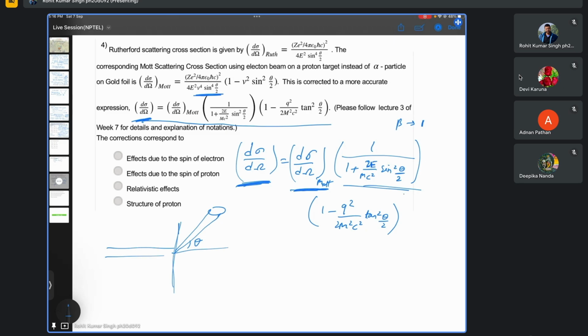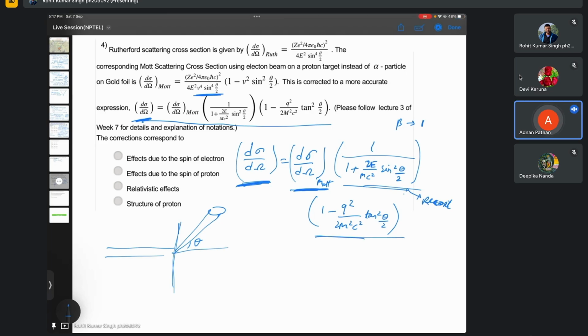So this is due to the recoil of the nucleus. And then why this? The spin of what? The nucleus, I guess, the target.